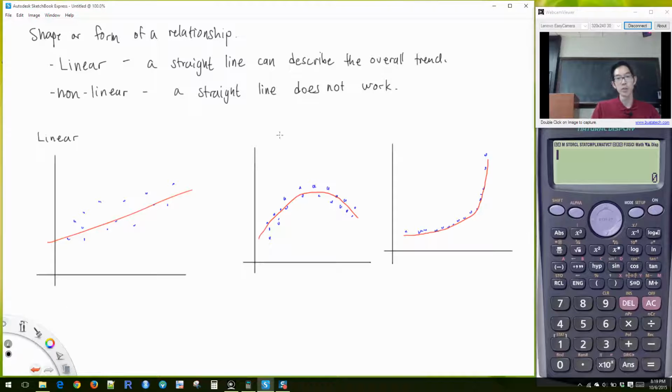So these would be nonlinear. And in our class, we're only going to learn how to work with linear relationships.